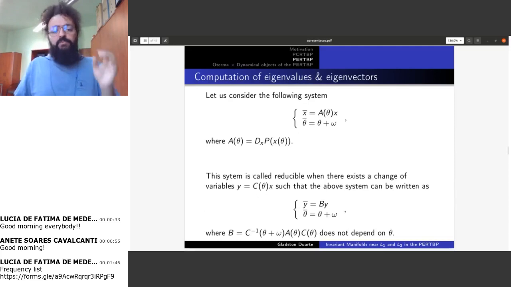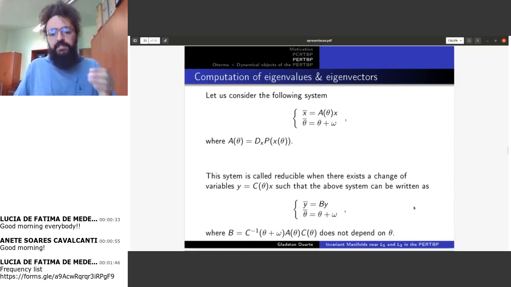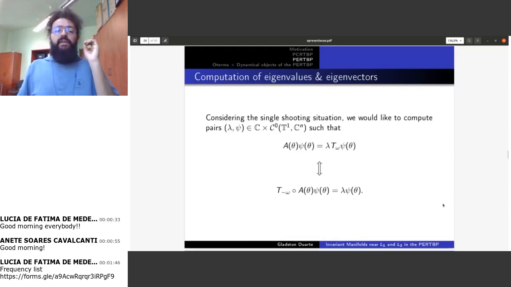So in order to compute it, we reduce the system to an easier way of seeing it, and compute the eigenvalues and eigenvectors of this new system.